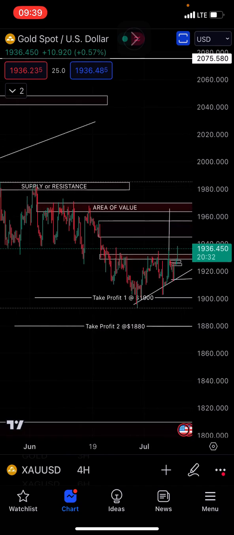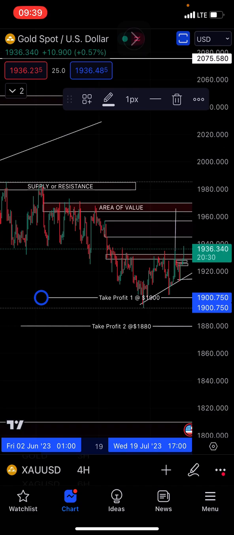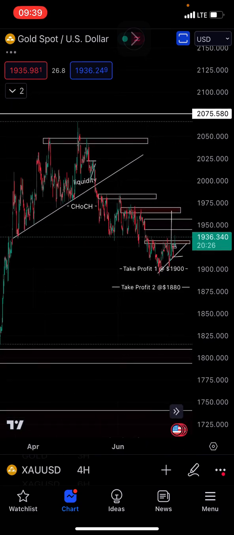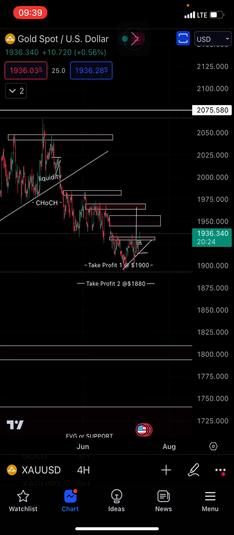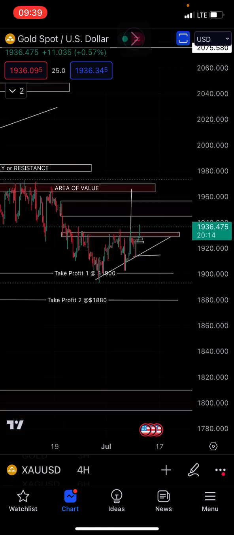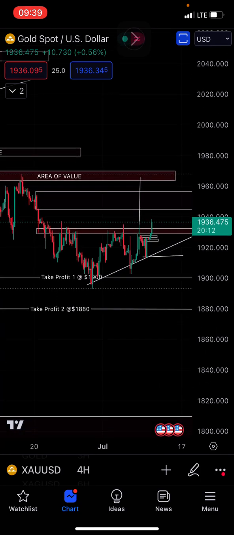Are you getting it? So we were able to get to 1900, and the 1900 demand zone held since last week. So if you are in the 1900 demand zone entry, sniper entry from 1900, congratulations, you are 360 pips up already. And we that don't have that power to, without finding a switch to the upside.